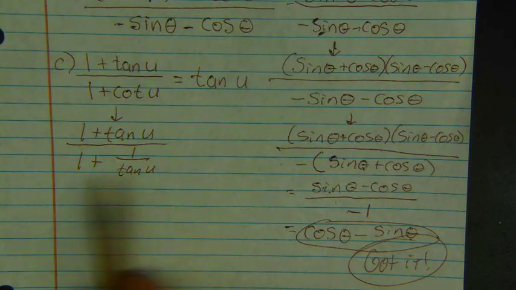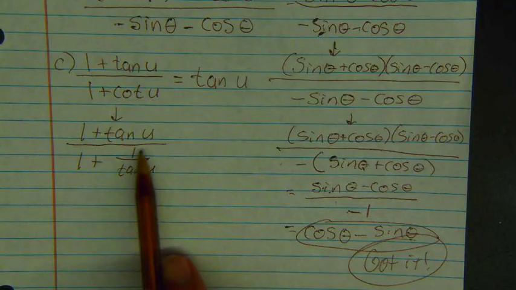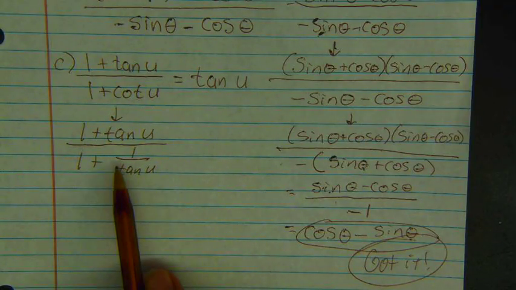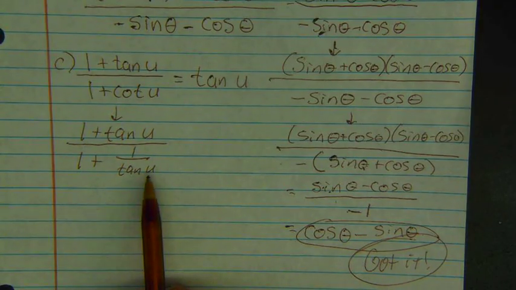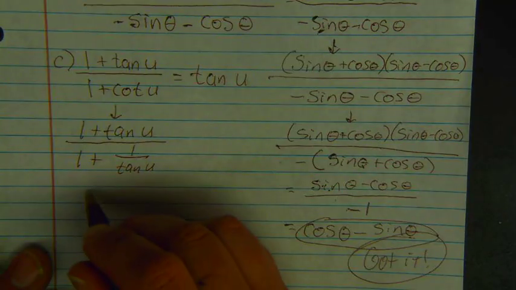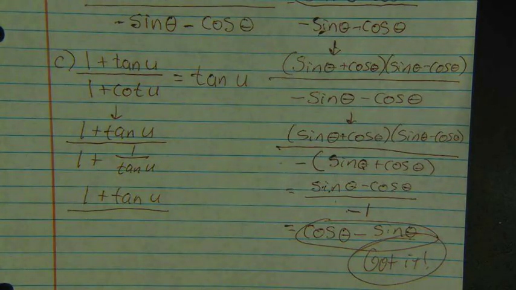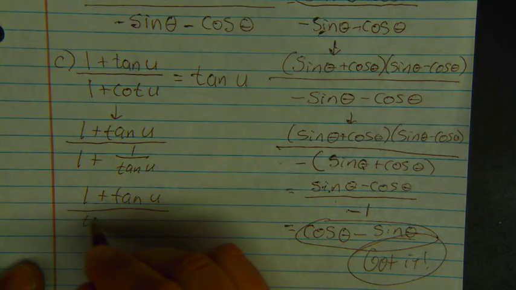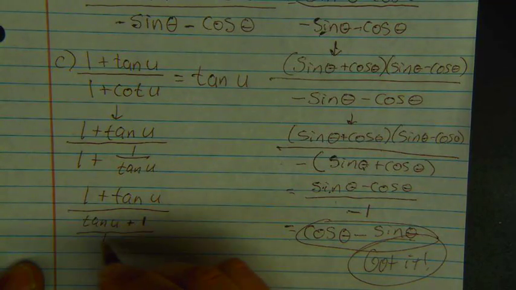If I want to get common denominators here, this is tan u over tan u plus 1 over tan u. So if I put it together, it's tan u plus 1 over tan u, right? That's how I'm going to rewrite the bottom. So leave the top the same, 1 plus tan u. And on the bottom, let's write tan u plus 1 over tan u.